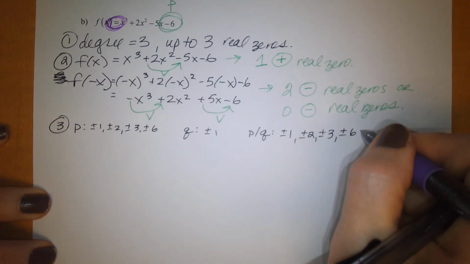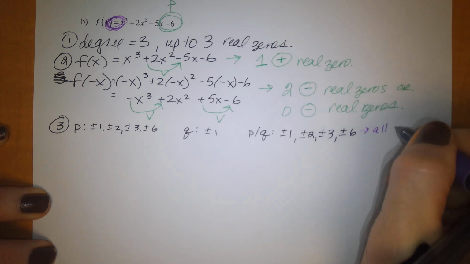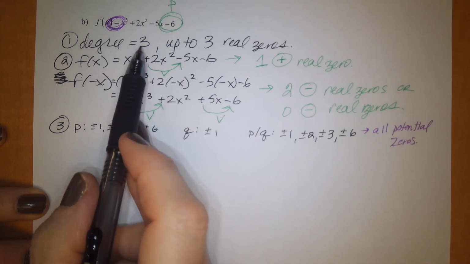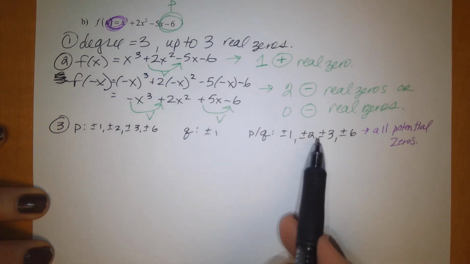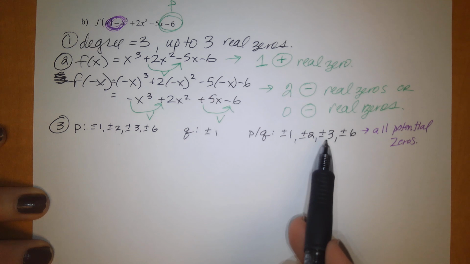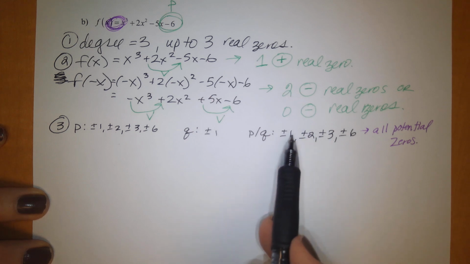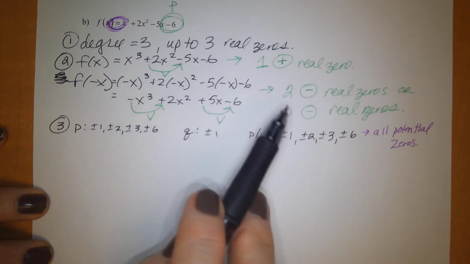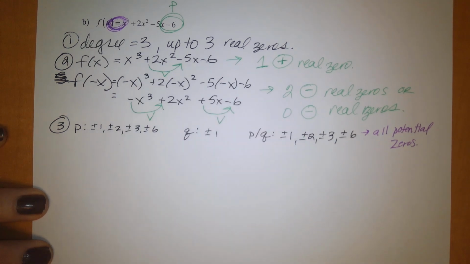So this is a list of all potential zeros. All the zeros, which might be up to 3, they will all be found in this list. You will not find a zero that is not in this list. So I only have to check 8 numbers, of which I'm only looking for 3. So this is a very doable exercise.